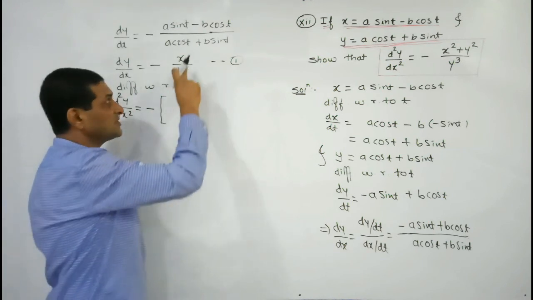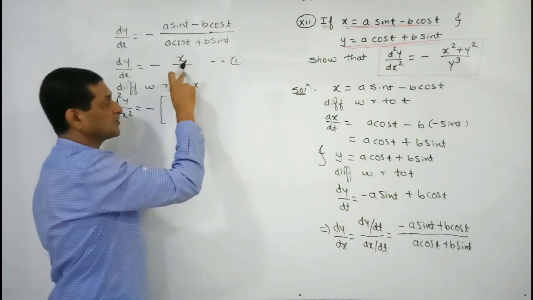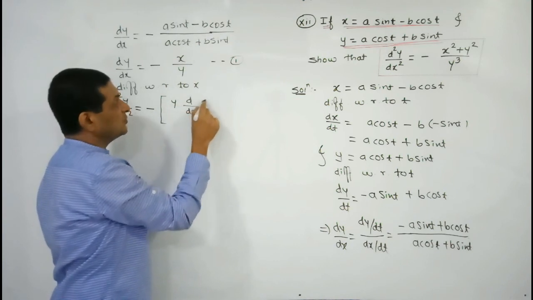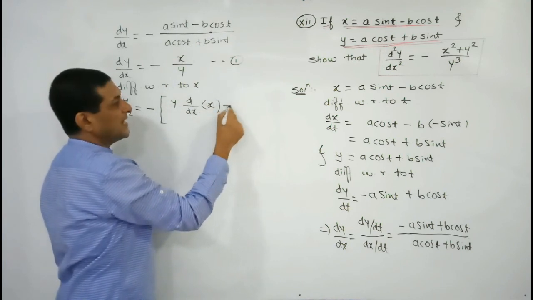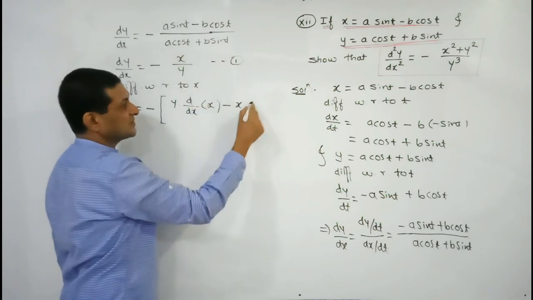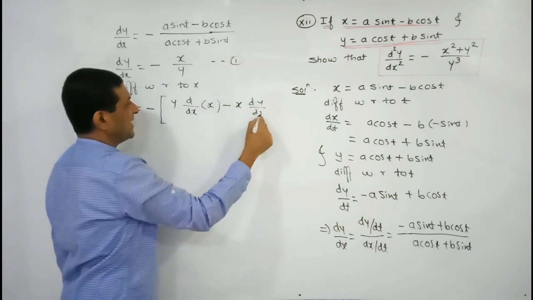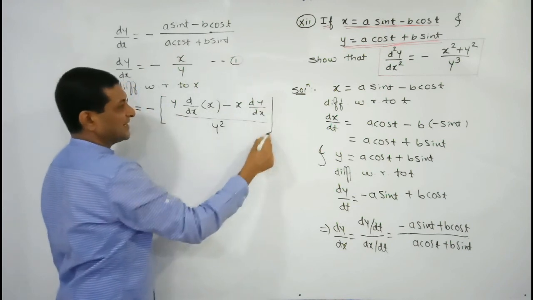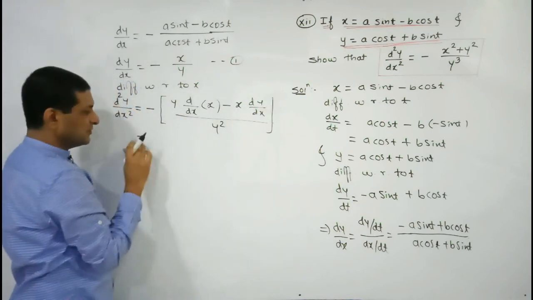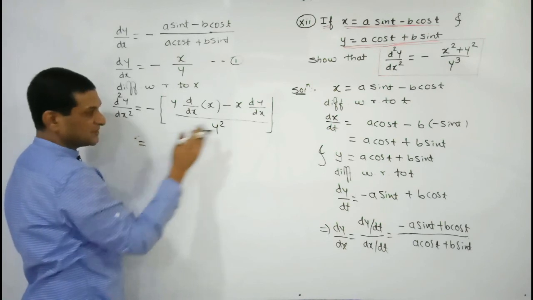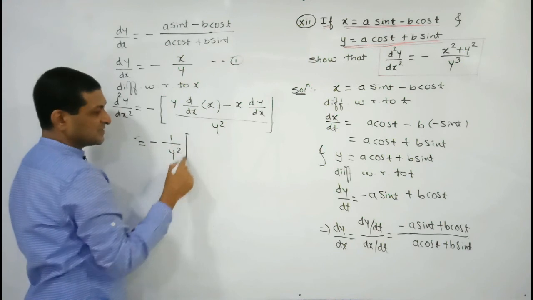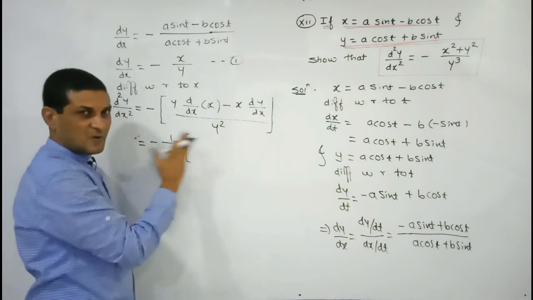Now here differentiation can be found out applying the quotient rule. So according to the quotient rule, v as it is into derivative of u, that is x, minus u, that is x as it is, into derivative of v, that is dy by dx. In the denominator, v square means y square, isn't it? So which is equal to minus, keep it as it is, and take this y square from the denominator on one side.